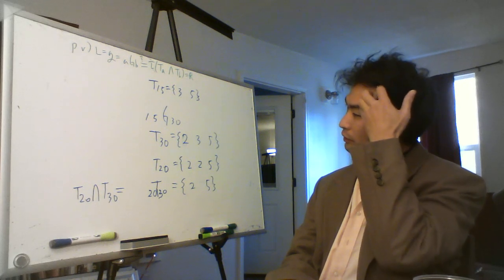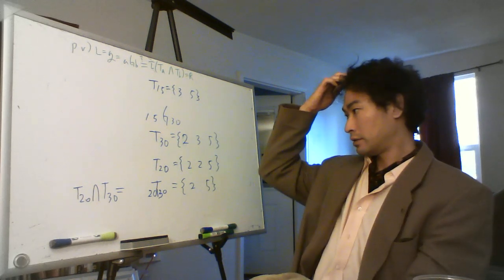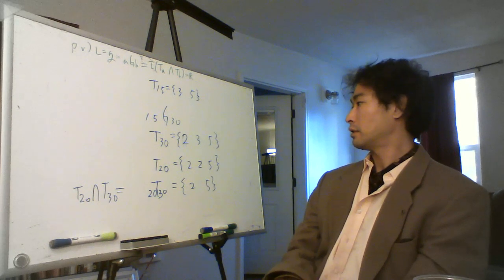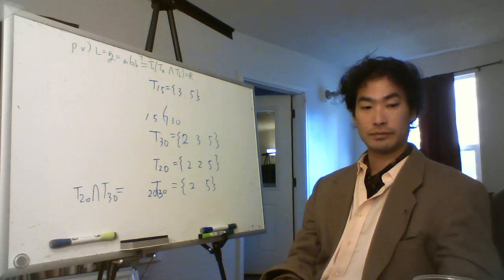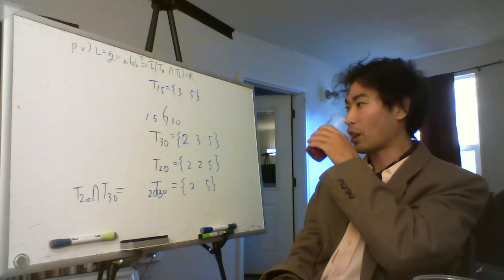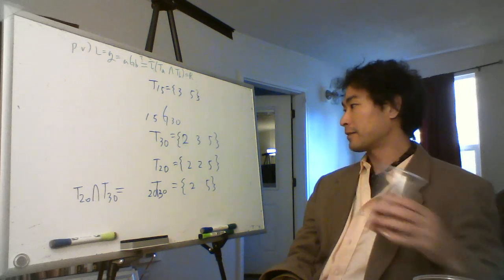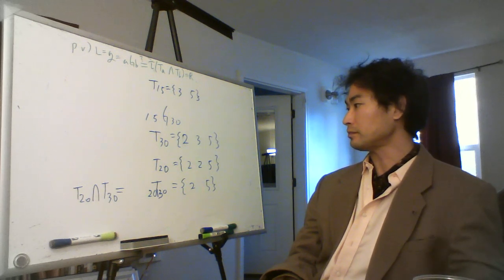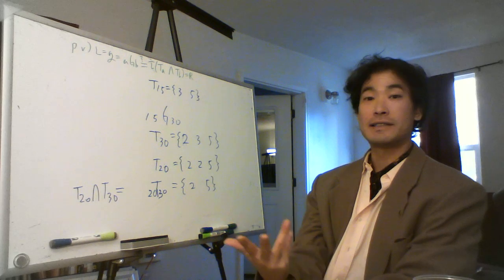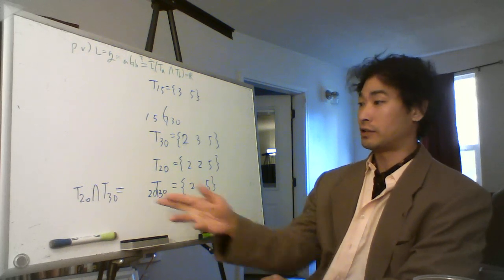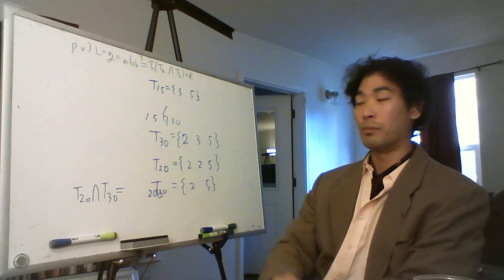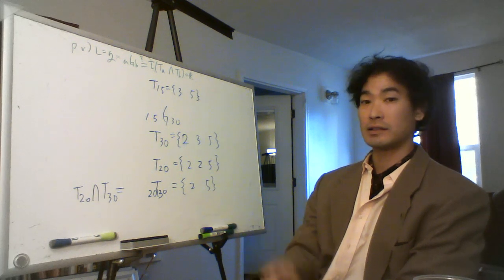All right. So prime factorization. So in multi-set, how do we define a set intersection in a multi-set context?